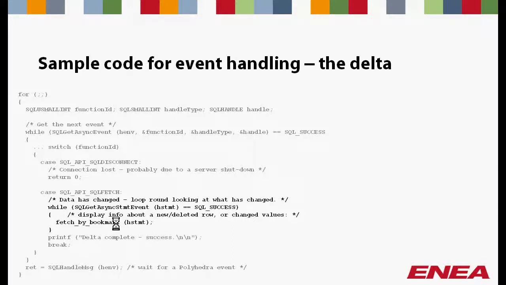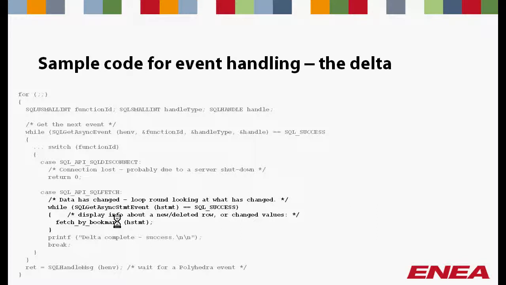So there's no need to iterate over the whole result set. This function, this event mechanism, will make sure that you're only looking at the records that have been altered by the delta. And basically that's the complete code of this application. Obviously, I've left out all error handling, and I've left out the definition of functions such as fetch by bookmark and the earlier function to print the initial result set.